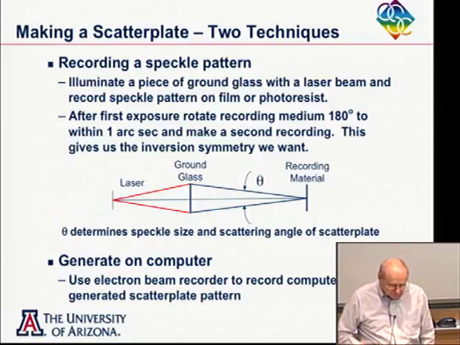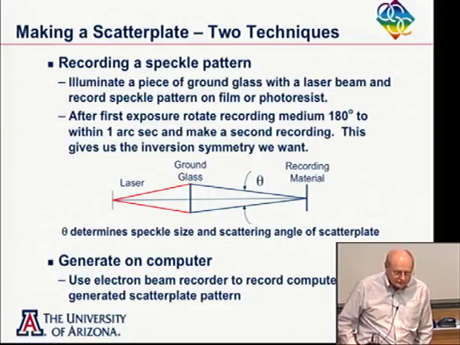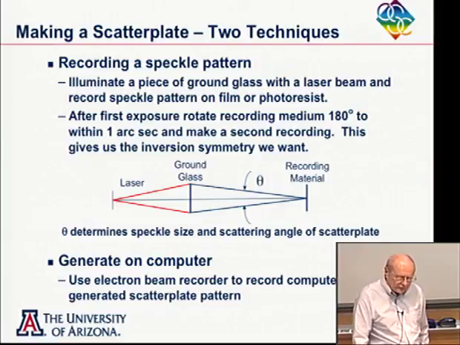Speckles are nothing but complicated interference fringes. So varying either the distance from the ground glass to the recording material or the size of the ground glass will vary this angle theta. And that's determining the size of the speckles.